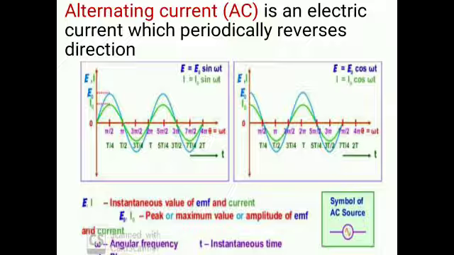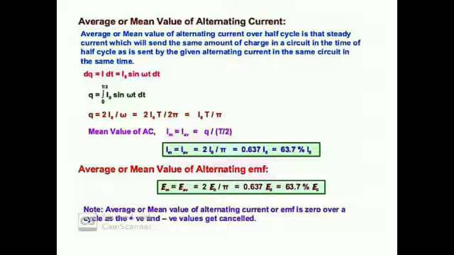From the graph, the peak values represent the maximum value of alternating current or alternating EMF, or the amplitude of these values. The average value of the alternating voltage during a complete cycle, that is equal to the time period, is 0, because the average value of sine function or cosine function during a complete cycle is always 0.